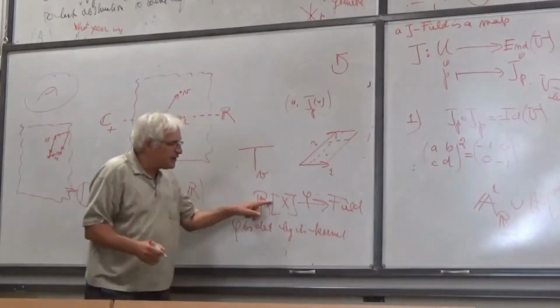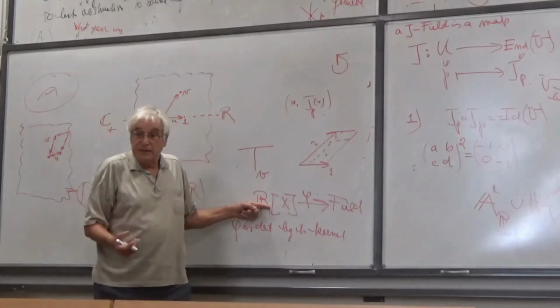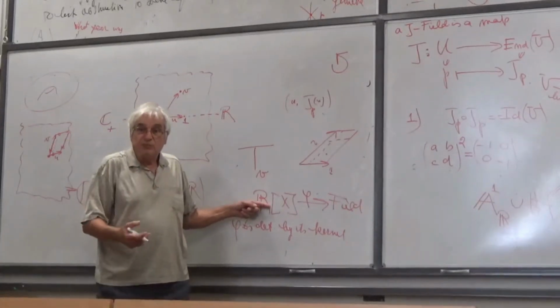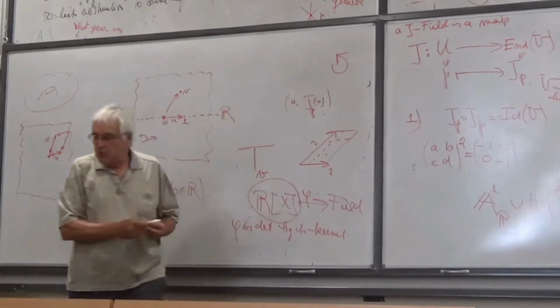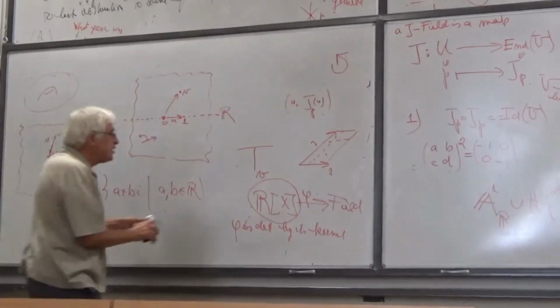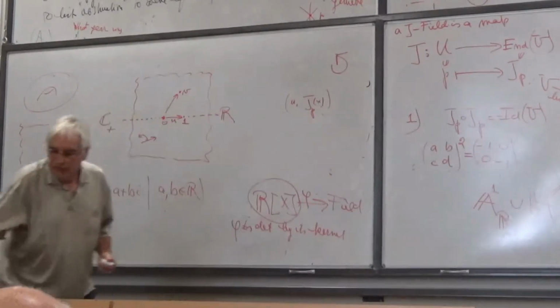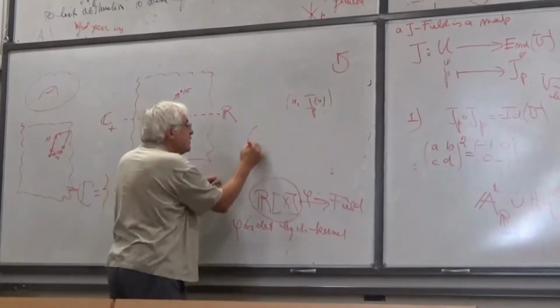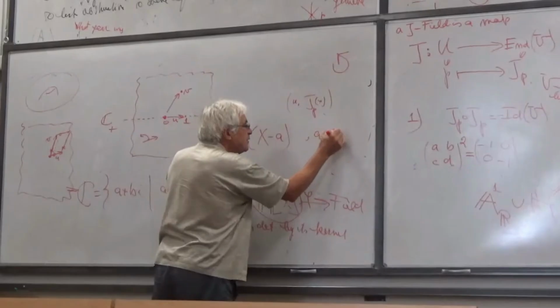That's those elements in the ring which go to 0. And this must be an ideal, and this must be a special ideal, it must be a maximal ideal. But this ring has as maximal ideals only ideals of the following type. We have ideals of type (x minus a), where a is a real number.